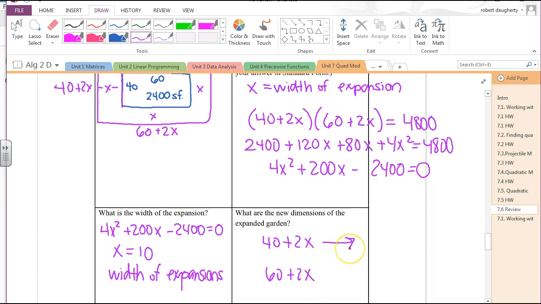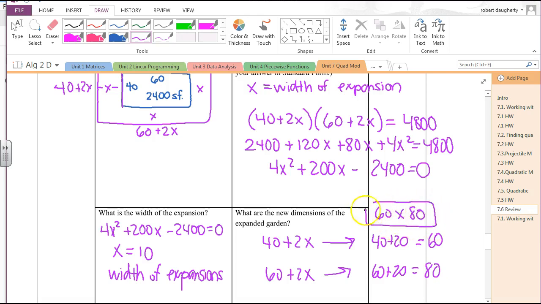So that means my garden is going to be 40 plus 20, that's 60, and 60 plus 20, which is 80. So this garden is 60 by 80. One thing you can double check, what's 60 times 80? That's 4,800. Well, that's what the garden needs to be. It needs to be double what the previous garden was.